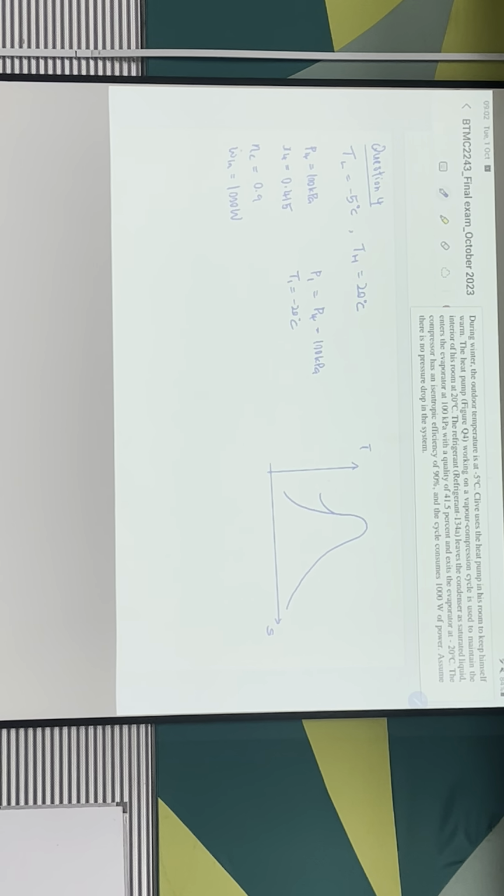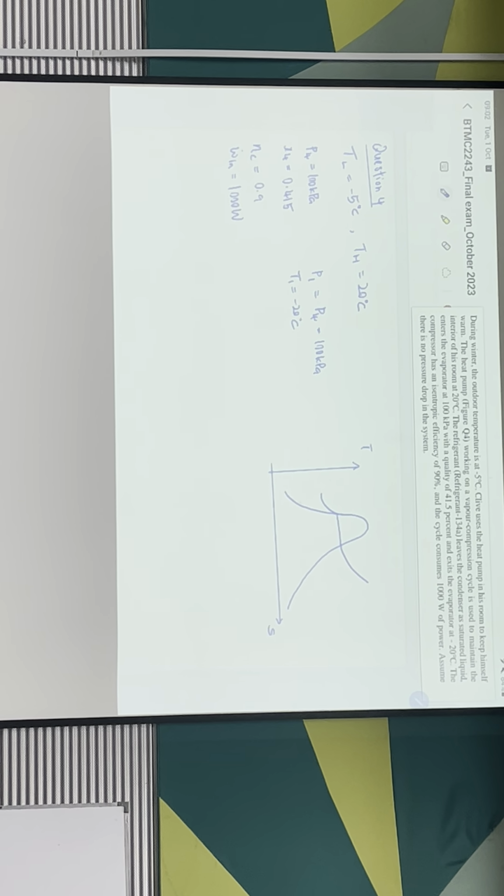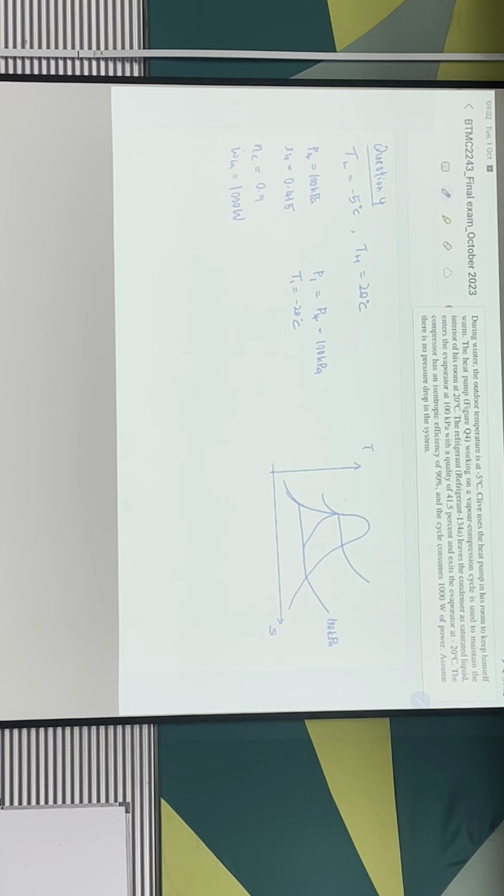Based on what we have here, we don't know what the upper pressure is. The lower pressure is 100 kilopascal. State 3, we know that it is saturated vapor. So 4 is somewhere there.